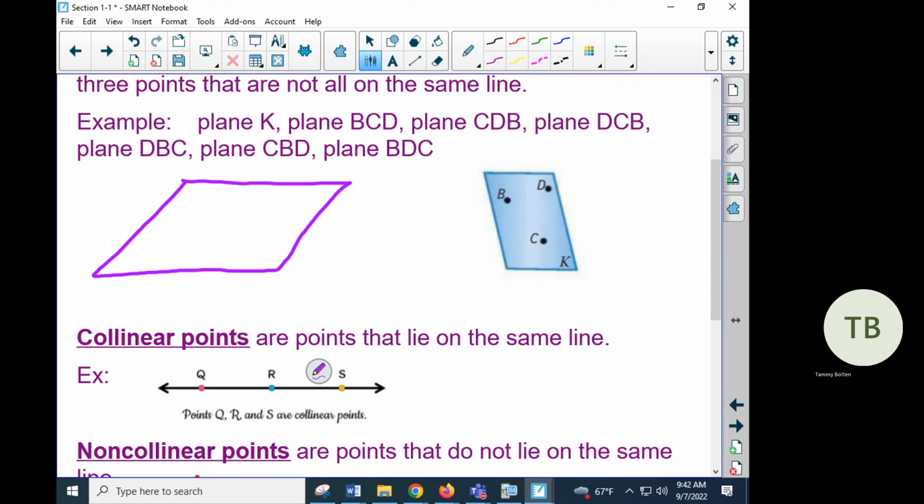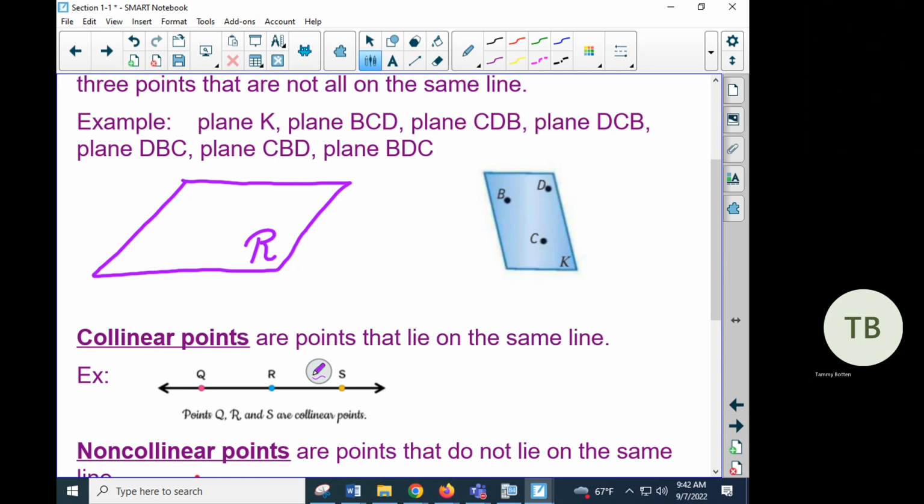And with a plane, again, there's a couple of different ways that you can name it. So one way is sometimes you will have a script capital letter that kind of looks like cursive in one of the corners of the plane.